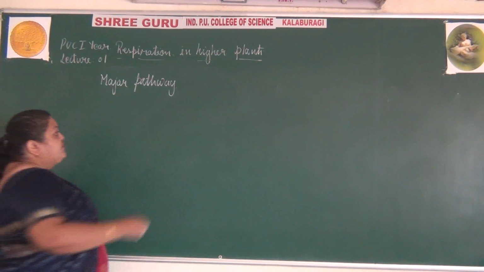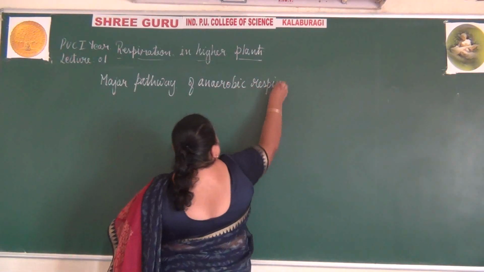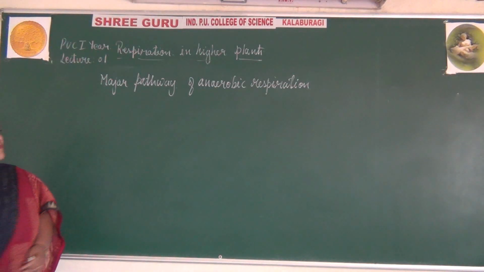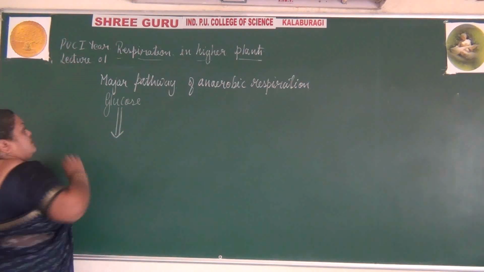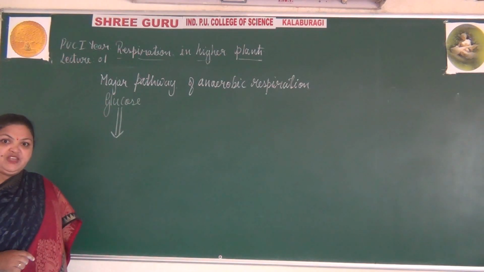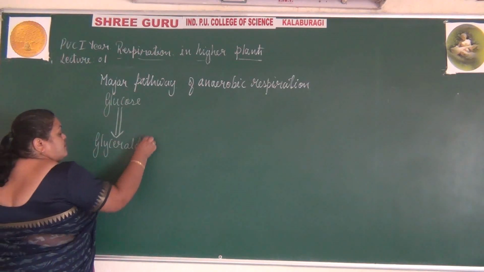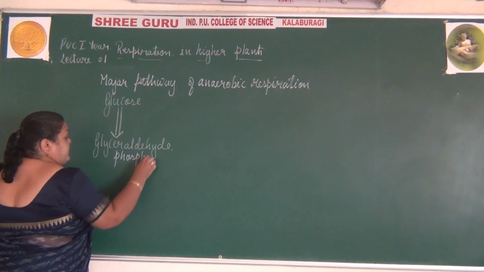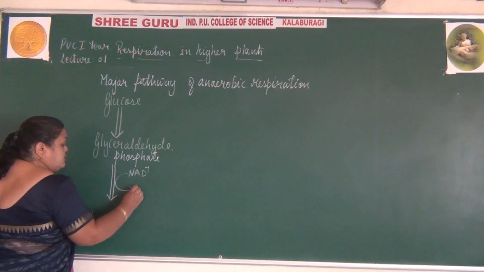There is a major pathway of anaerobic respiration, where the glucose is converted into glyceraldehyde phosphate with the help of NAD molecules.